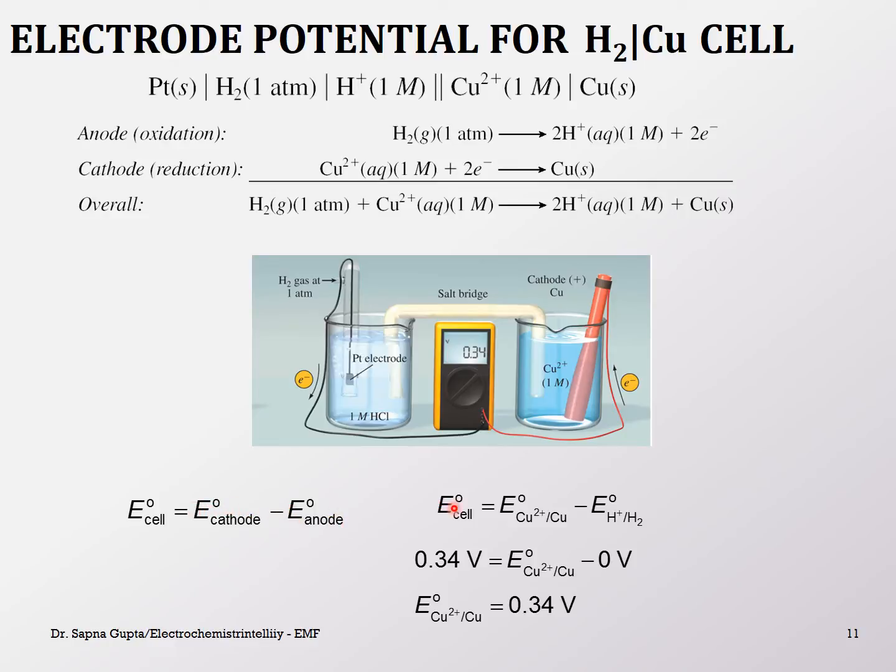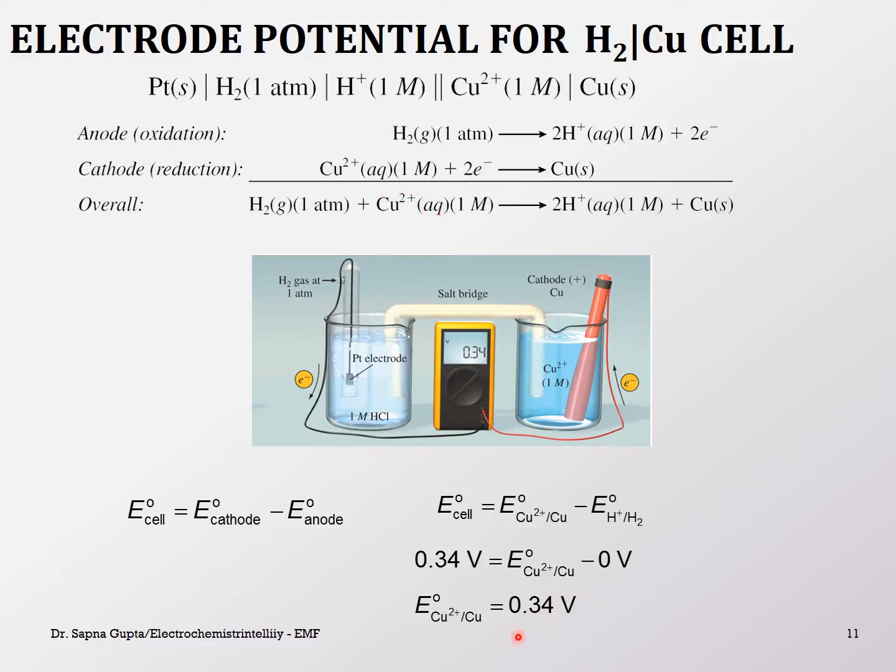So E cell, which is 0.34, is equal to E of copper now because that's the cathode, and the hydrogen gas is your anode, so that's going to be 0. Which means that your electrode potential for copper ions to copper is going to be 0.34. And remember, this is the reduction potential, meaning anything that actually gains electrons.